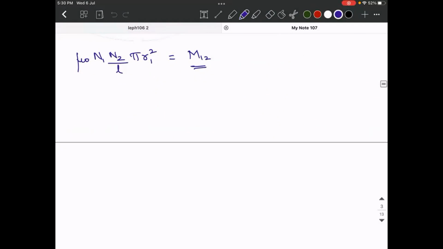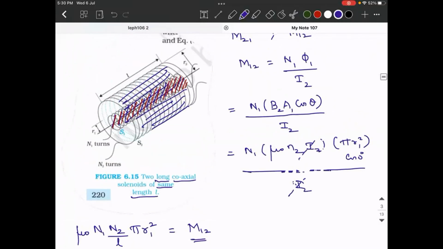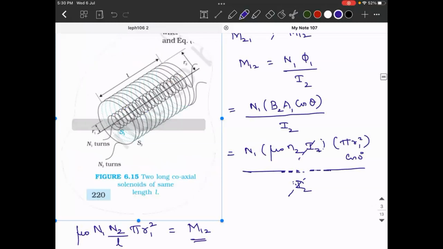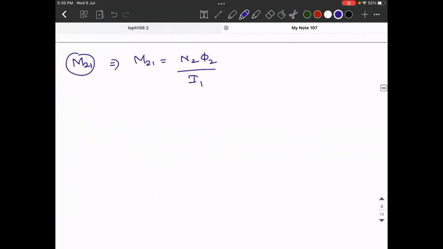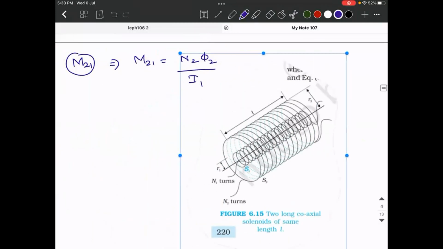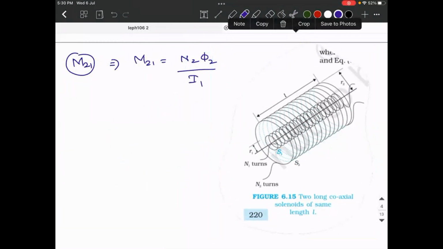Right. Now can we try to find M21? So for M21, what is the formula? N2 phi2 divided by I1. Is it right? Let me take the same diagram and paste it on the right hand side. N2 is how much? N2 only.